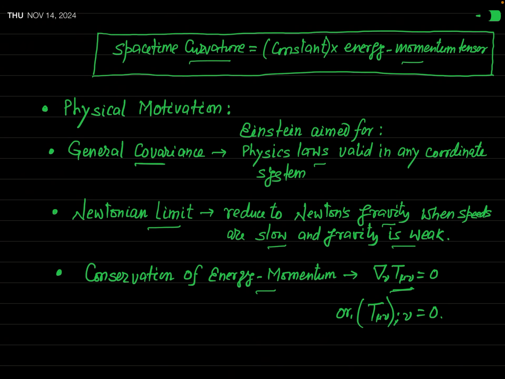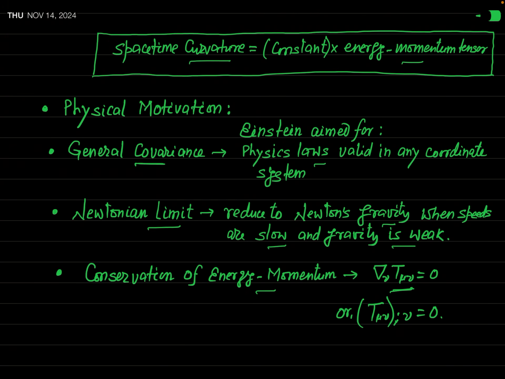You write the covariant derivative in this manner: del nu operated on T mu nu equal to 0, or in the semicolon notation, T mu nu semicolon nu equals 0. Actually, the covariant derivative of the material tensor or energy momentum tensor is 0. This implies that energy and momentum remain conserved.